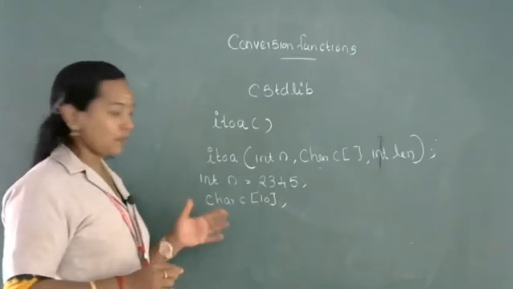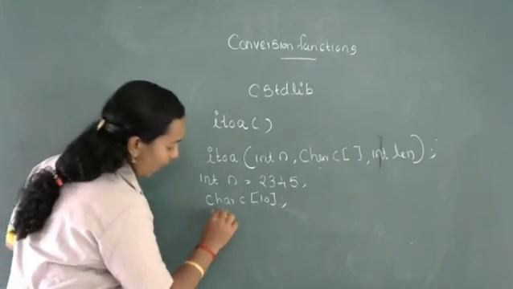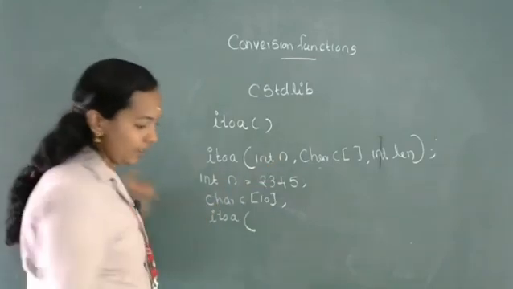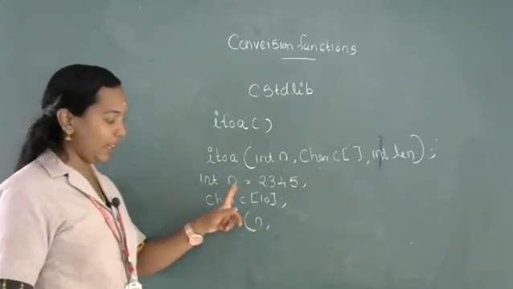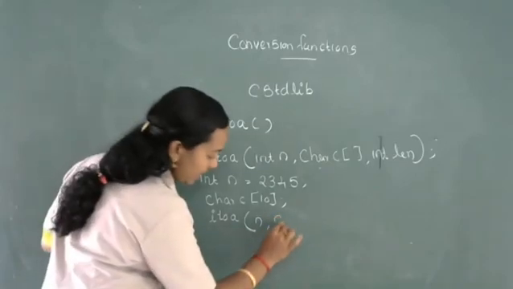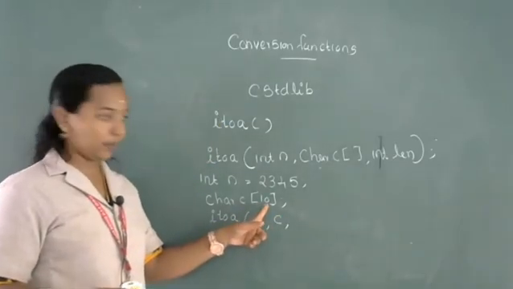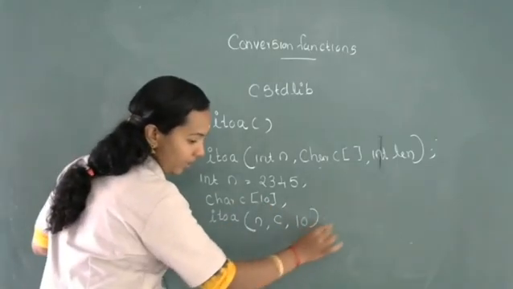After that, I am going to write the function itoa. Here I write the variable that contains the number. Which variable contains the number? n. Then c. Then the size required for the character array. What is the size? 10, comma 10.